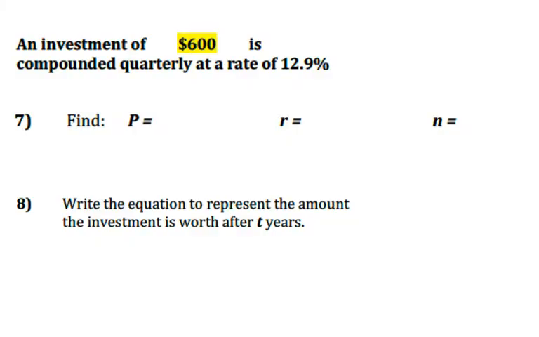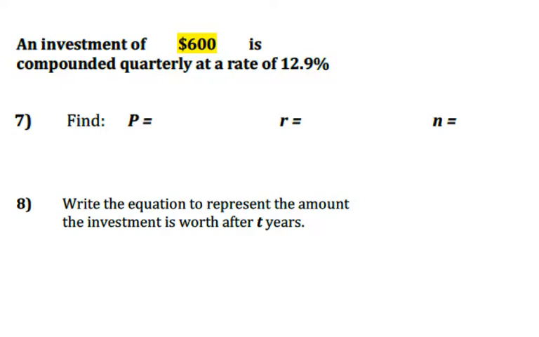Okay, our next situation. An investment of $600 is compounded quarterly at a rate of 12.9%. In number 7, we're asked to find P, or the initial value, R, or the rate, and N, which is the number of times it's compounded in a year.